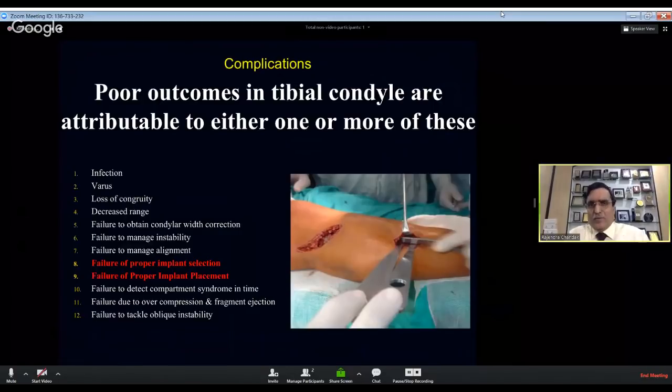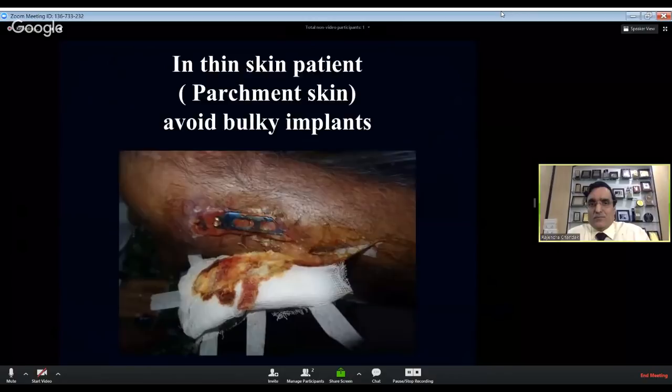Friends, in tibial condyle fractures, all of us would encounter certain complications, and I am enumerating some. The most common is infection, which we should avoid. Others are varus, loss of congruity, decreased range of motion, failure to manage instability, failure to manage alignment, failure of proper implant selection, and failure of proper implant placement, which are not uncommon, as we'll see in these two X-rays.